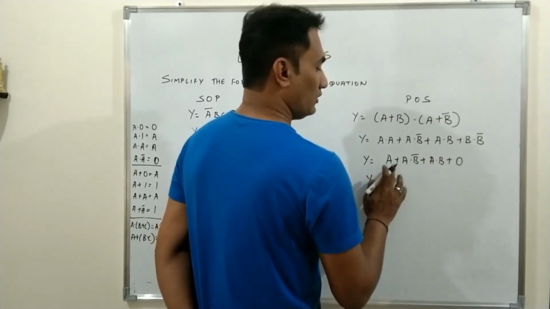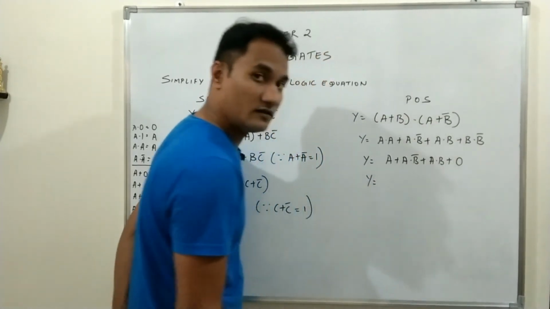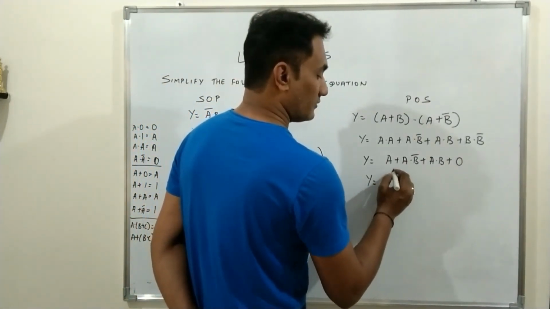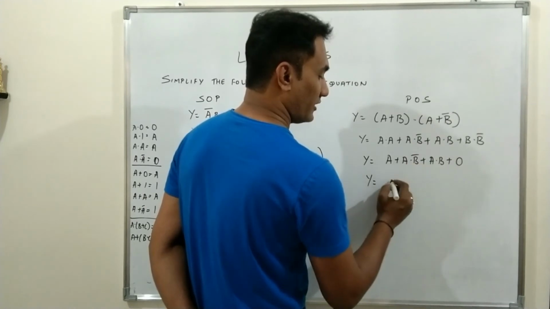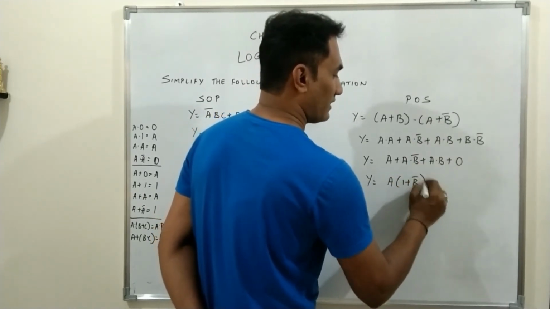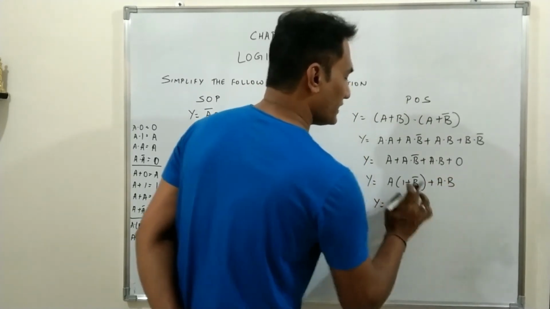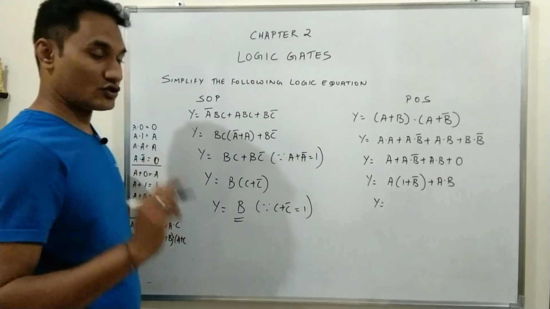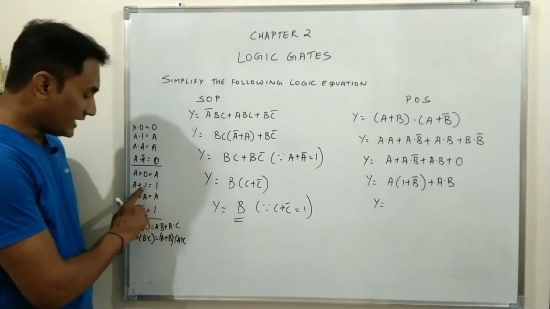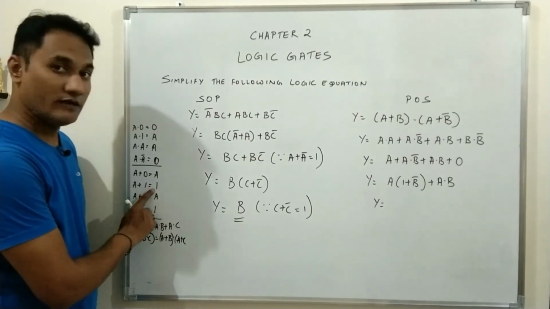Y is equal to, in these two expressions, now it has been converted into SOP. So now we have to use that method of taking common. So A (1 plus B bar) plus AB. And what is 1 plus B bar? Of course there is no such law, but it has been clearly mentioned in the OR law: if any one of the inputs is 1, it doesn't care about the other variable, the output will always be 1.